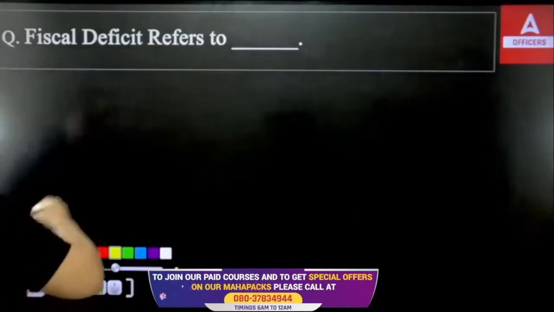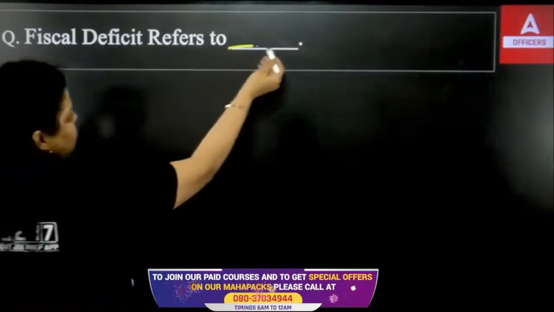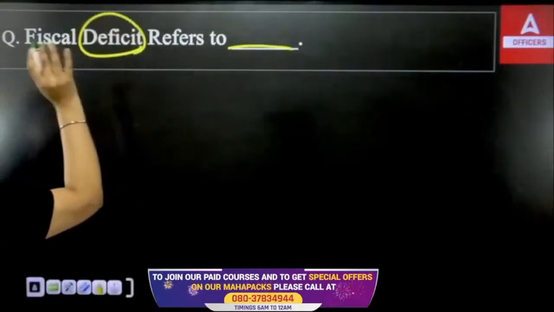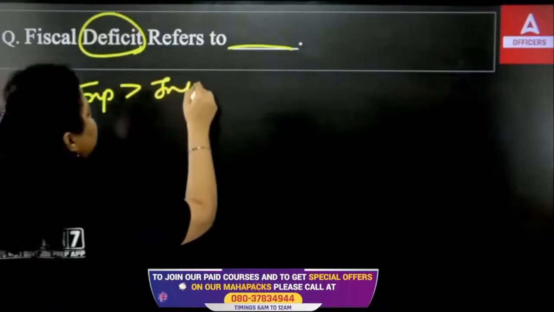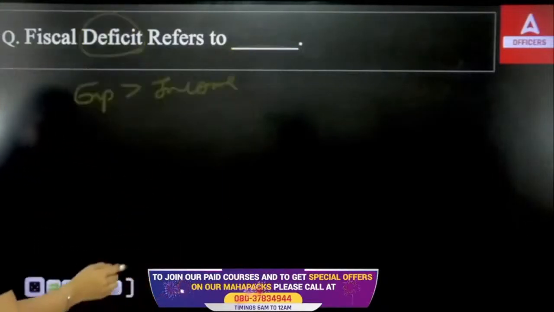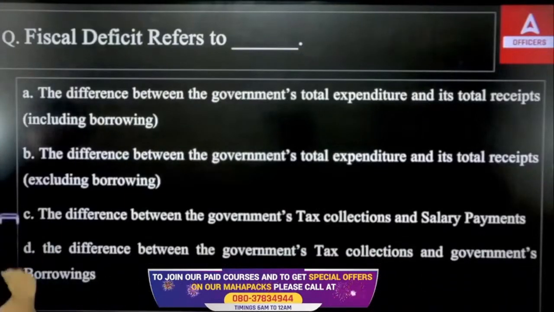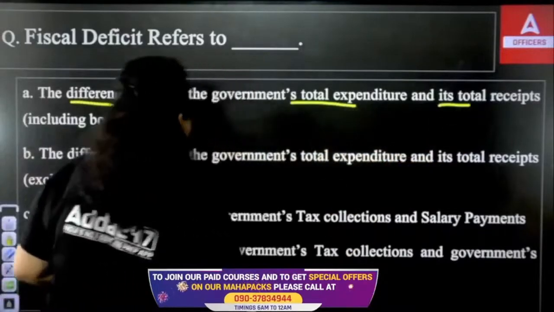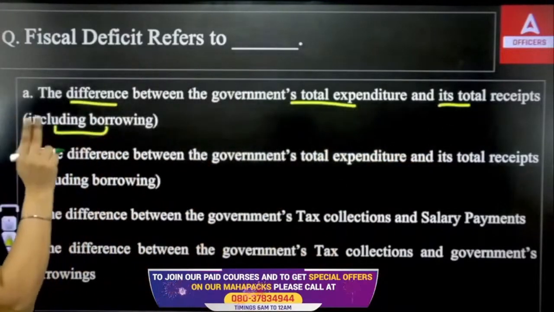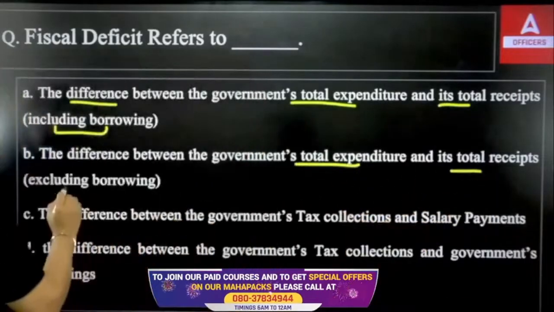Now, fiscal deficit refers to dash. What does fiscal deficit refer to? Deficit means loss. When the expenditure of Government of India is more than the income, this is known as deficit. We have certain options here. First, the difference between government's total expenditure and its total receipts, including borrowing. Second, the difference between government's total expenditure and total receipts, excluding borrowing.